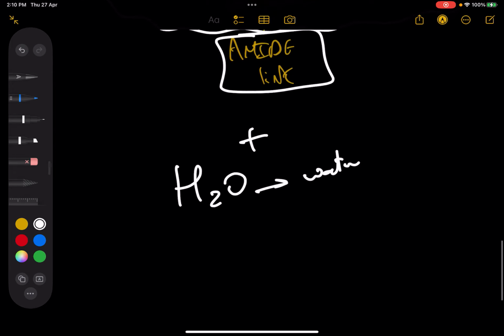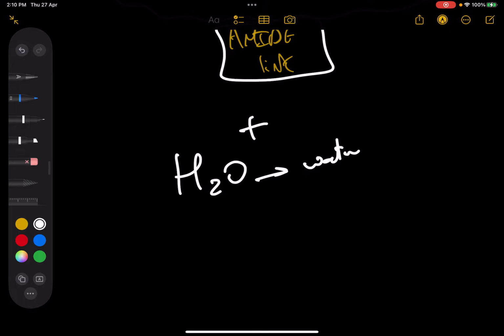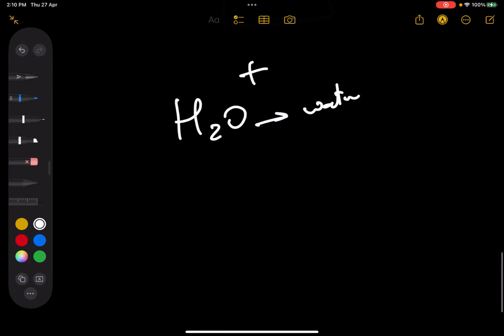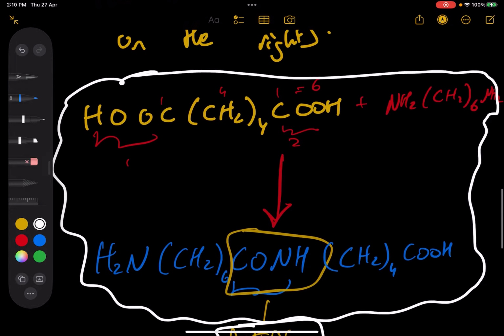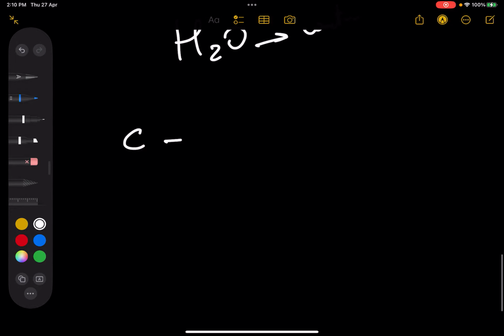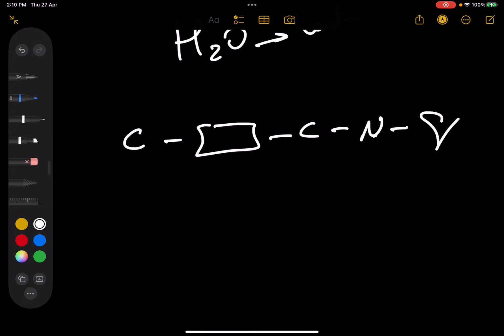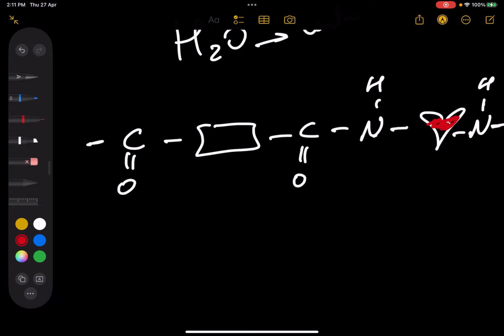Okay? So let's try to make a general structure for the polymer, for the two monomers. It looks like this. We have here something, another C, then here we have an N, and another thing. Let it be a heart, for example, and N and H, and a double bond O. I just drew this as a heart to show that this one is different than this one.